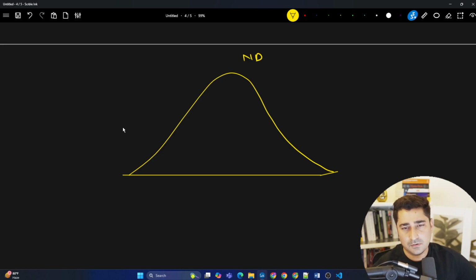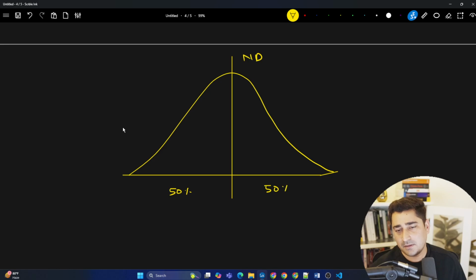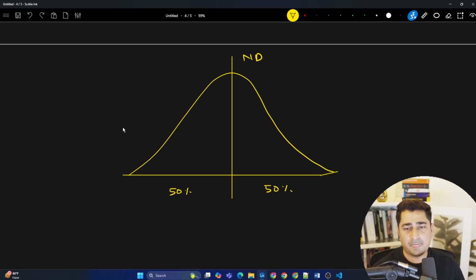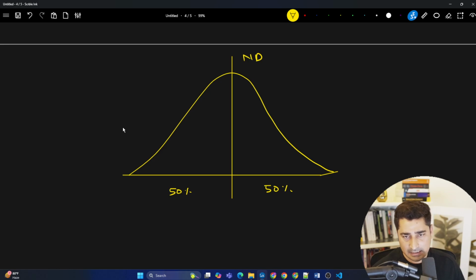Now, if you divide this entire curve from the middle, 50% of the data will fall on this side, and obviously 50% of the data will fall on this particular side, right? Now, further we can divide this entire graph.